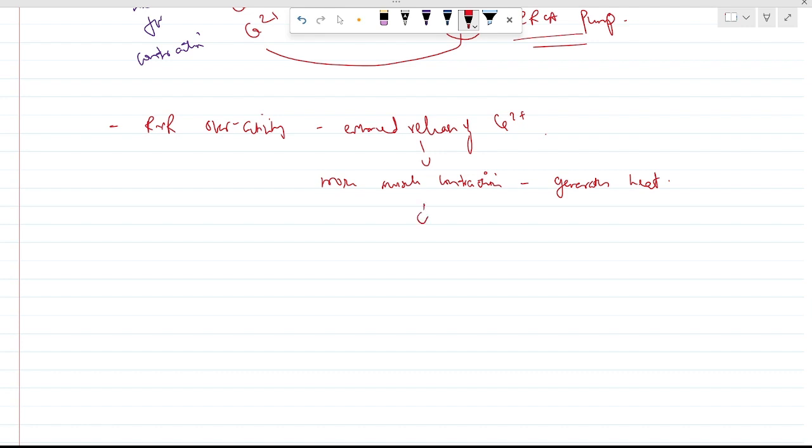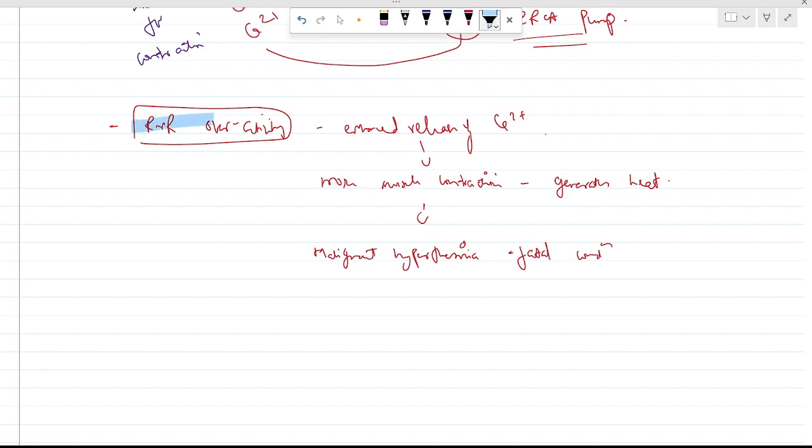This produces a fatal condition called malignant hyperthermia. It's a fatal condition which is due to, remember, ryanodine receptor overactivity, causing heat generation due to excess muscle contraction.